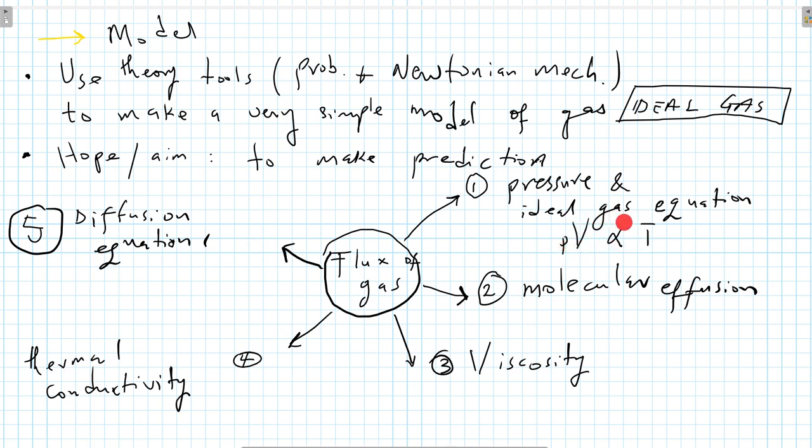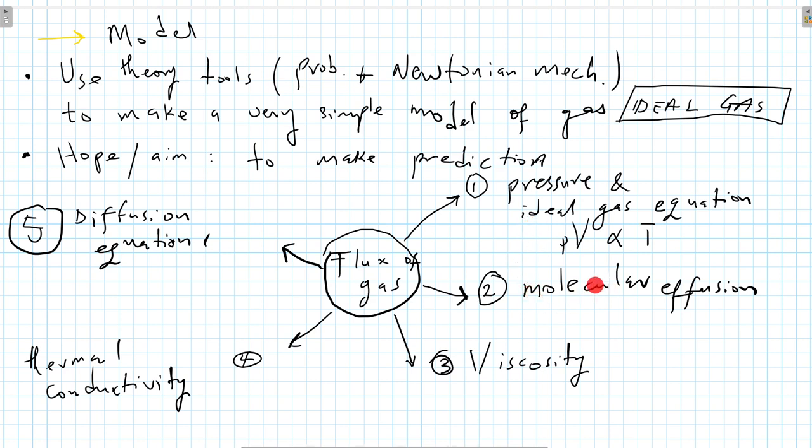When you combine these two, the observation is PV is directly proportional to T. It is possible to derive this equation, called the ideal gas equation. We're going to see what the proportionality constant is going to be from this model.